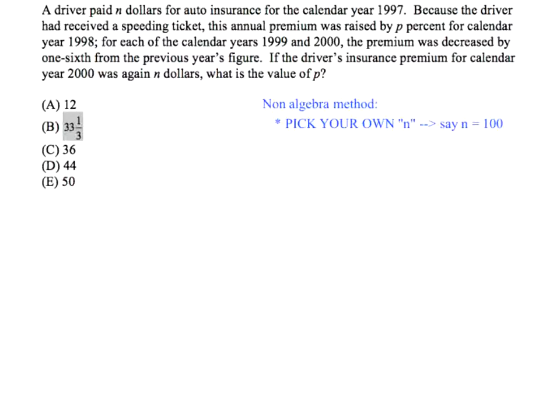There's no right about that at all. So try the answer choices. Just make sure you know you can't make up a value for p, because p has a right answer in the answer choices.